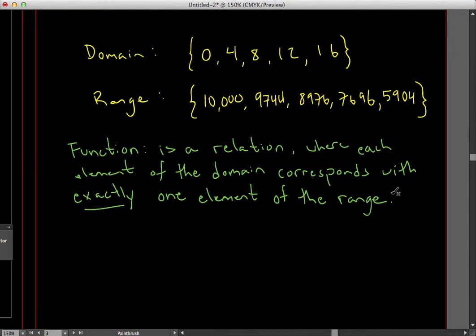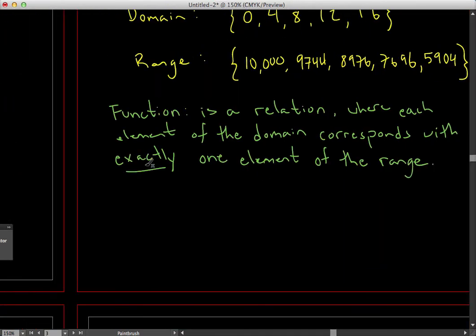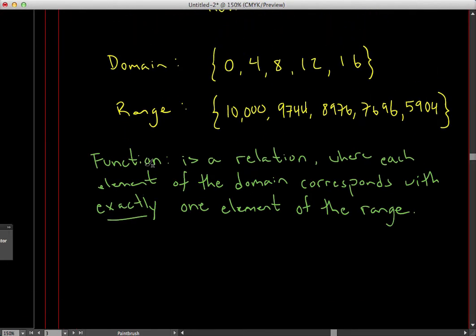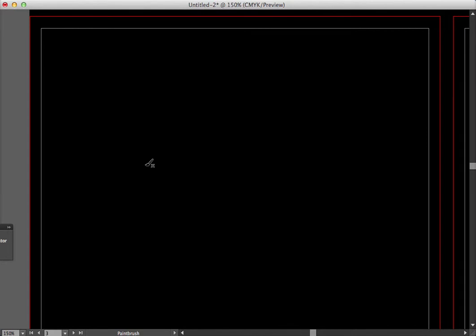Exactly one element of the range. So if one element of the domain corresponded with two elements of the range, then we would not have a function. Okay. So let's continue over here.